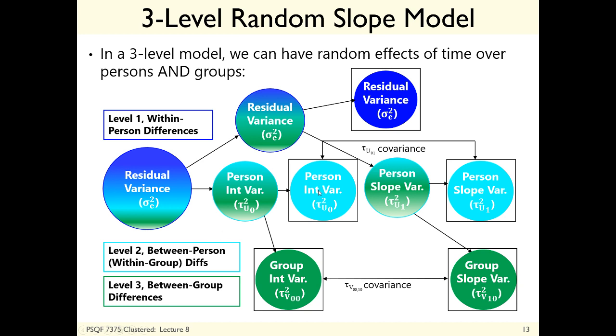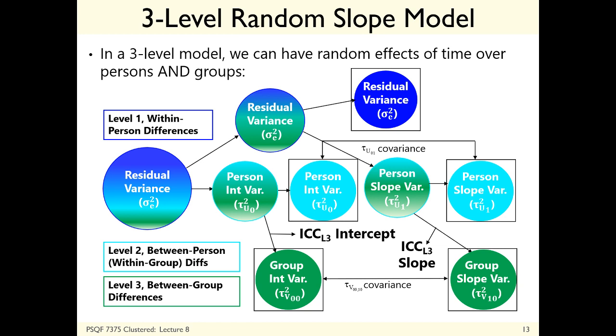And we can actually do intraclass correlations of these level 2 and level 3 intercepts and slopes in the same way. So if we're talking about person intercepts specifically, relative to the total intercept variation across 2 and 3, I can figure out how much of that is at 3.